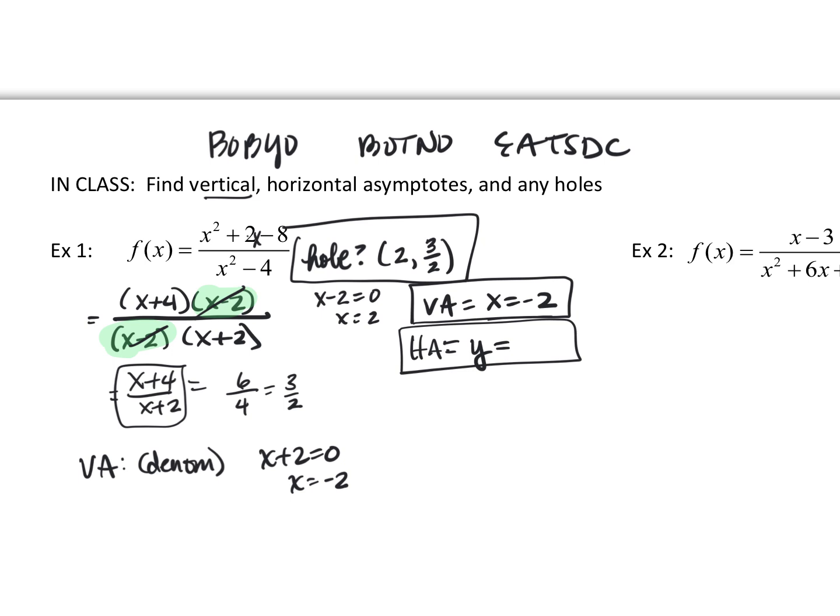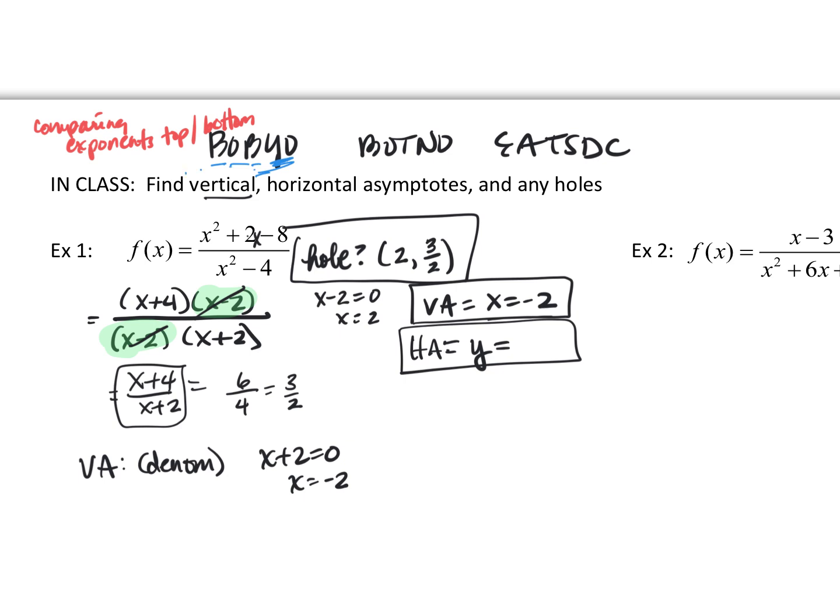So we're comparing the top to the bottom of our equation. What does it stand for? Bobbio: big on bottom. That means the higher exponent is on the bottom, and y equals 0 is your answer.